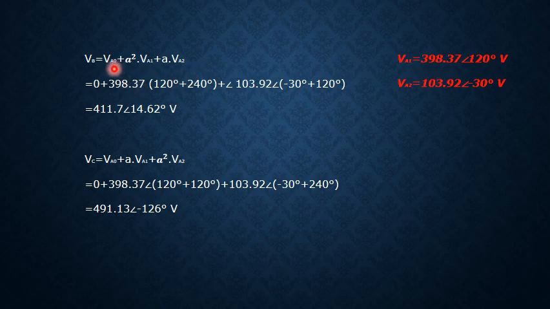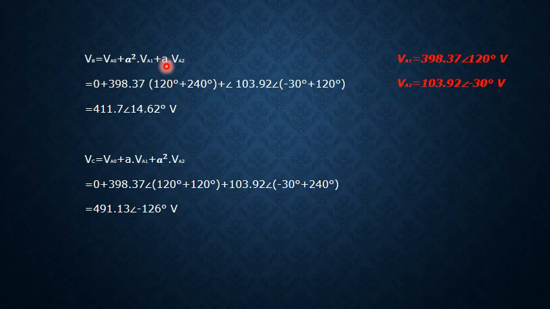Now substitute these values in this equation. Va0, as we know, will be equal to 0, and a squared represents what? 240 degrees having a magnitude of 1. So 240 plus what is the angle we are getting for Va1, 120 degrees. So 120 degrees plus 240 degrees, then plus what is the angle we are going to get for operator a?